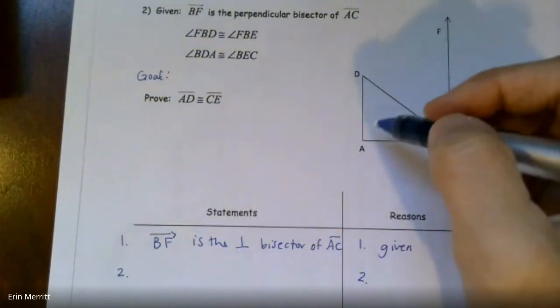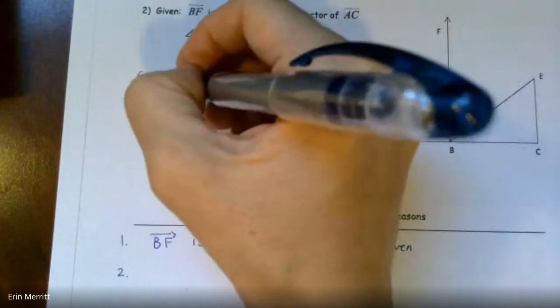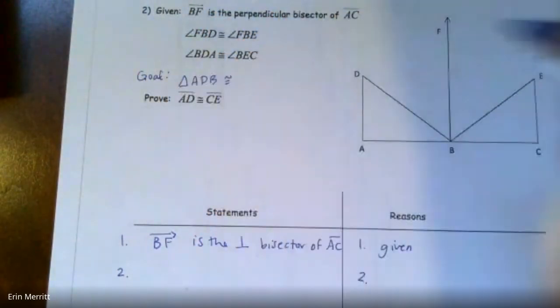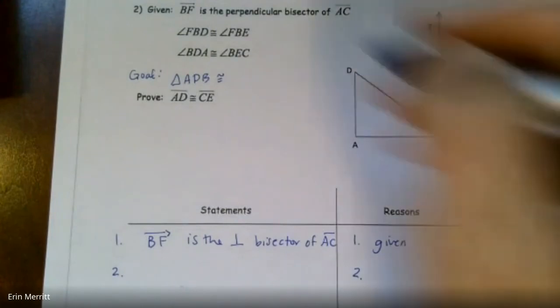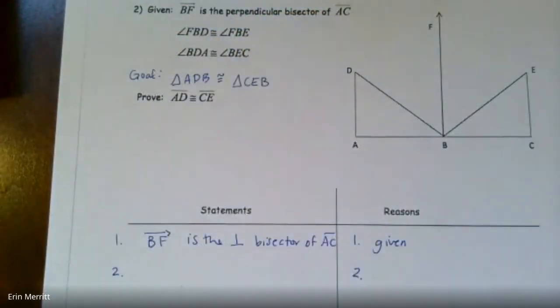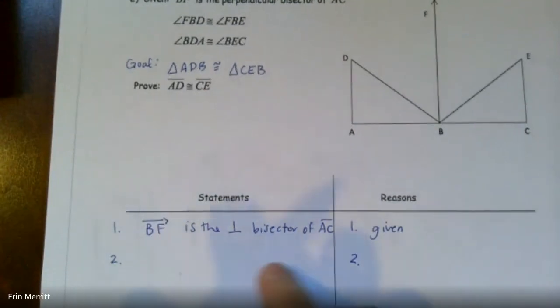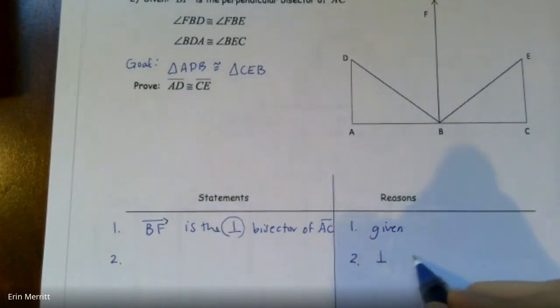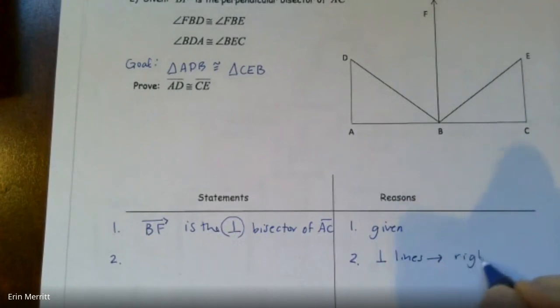So the triangle that AD is in would be triangle ADB, and then congruent to triangle CEB. All right, so that's really what we're working towards here. All right, let's see what we can do with this. So let's focus on the perpendicular part first. Perpendicular lines is going to give us right angles.